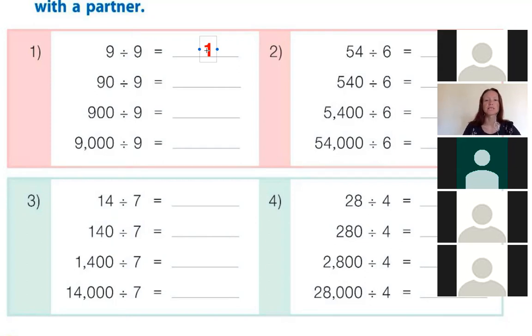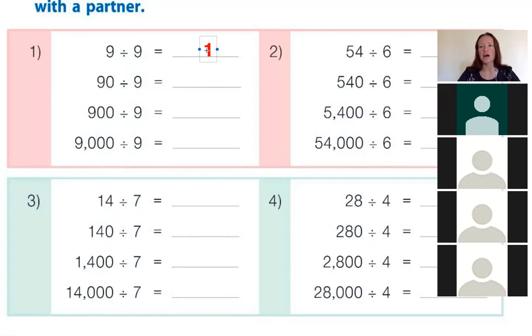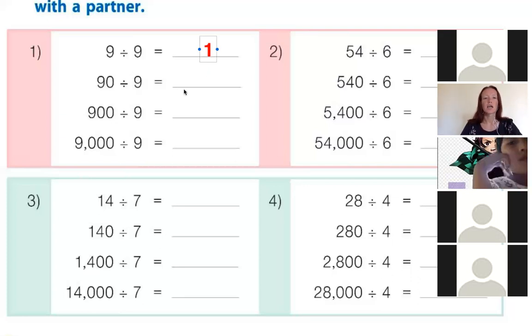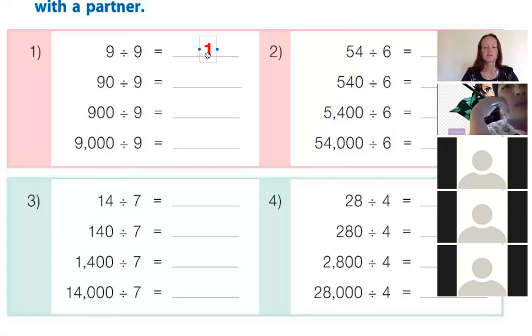Porter, repeat, please. 90 divided by 9 is 10.